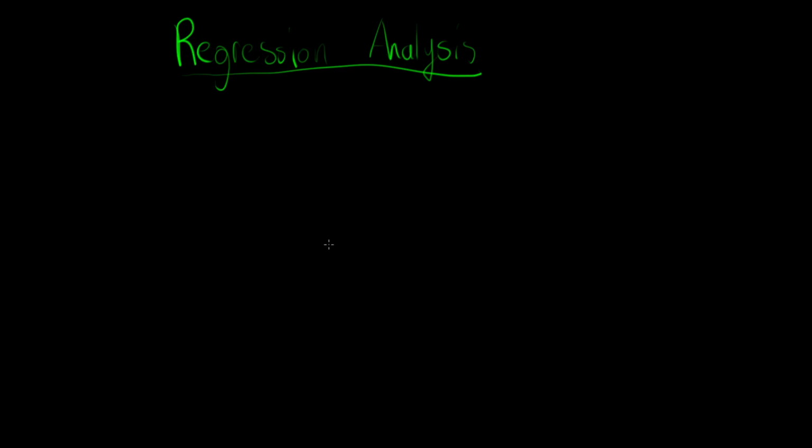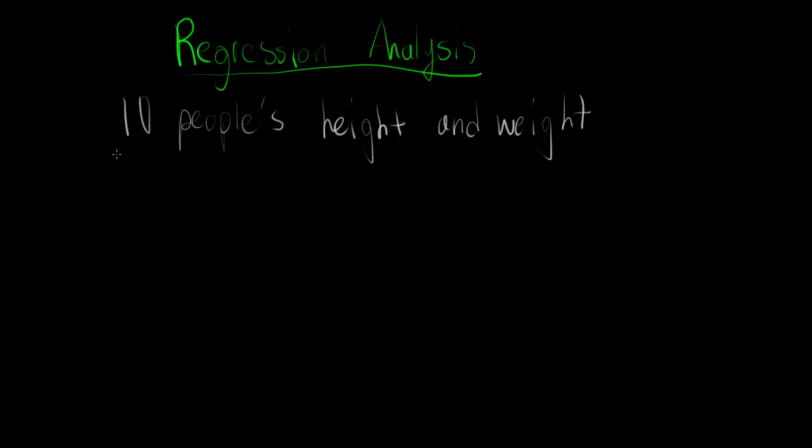So the first example we'll start off with is say we took the height and weight measurements of 10 people. 10 people's height and weight measurements, and we format it in such a way that it looks like this: big curly brackets and a lot of round brackets.